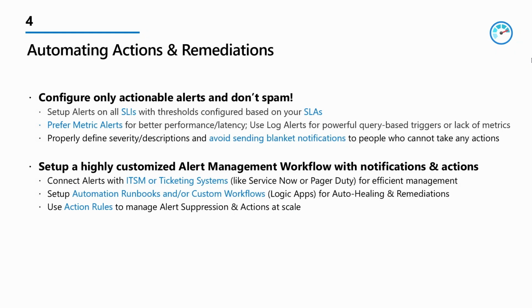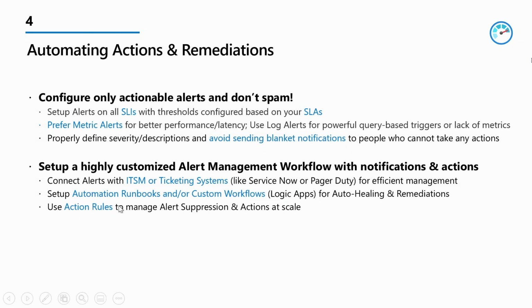In cases where you can do auto healing and remediations, there are tools that we provide out of the box. There are automation runbooks that you can use to do things like restart a VM or restart your app service, or any custom runbook that you want to set up. Or you can use logic apps to do custom workflows, like a custom email or taking some custom action based on that trigger.